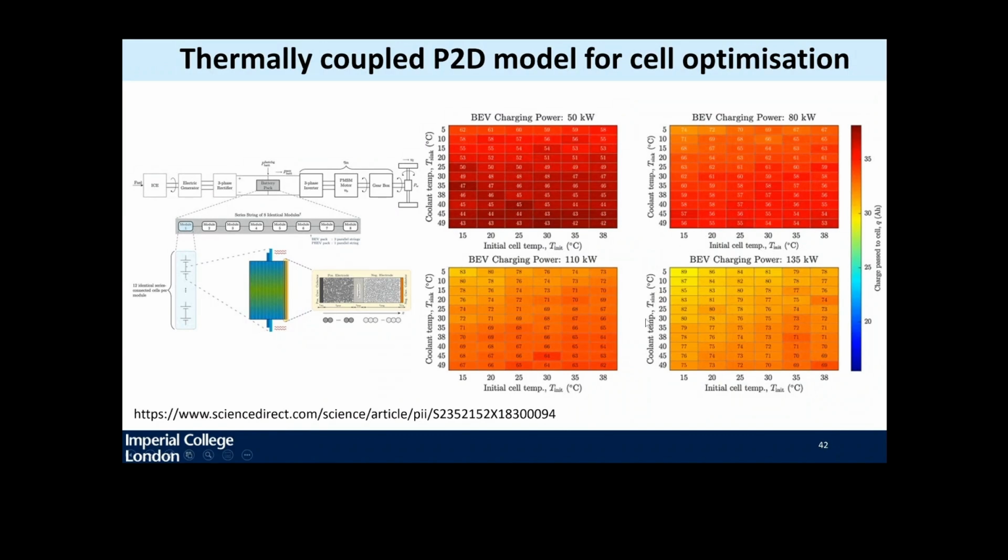And so these tables are generated from the perspective of the cell and tell us how many layers you would have to put inside your pouch cell to achieve all of these conditions for different types of automotive applications, for different ambient temperatures, and for different types of thermal management.